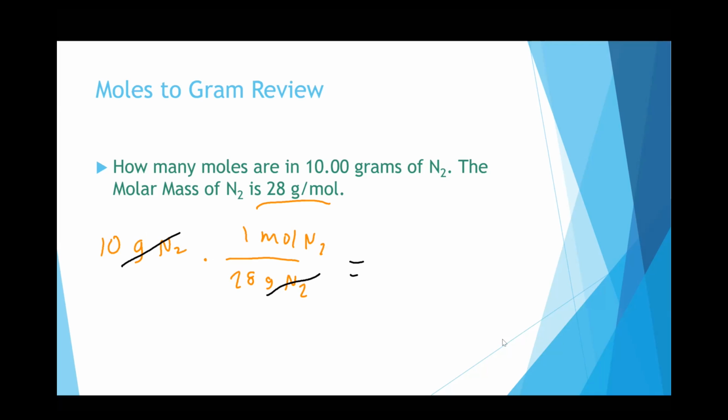So we have 10 over 28, which is about 0.36. So that's our answer, 0.36 moles of N2. So this is fairly simple to convert from grams to moles. We just multiply by the molar mass.